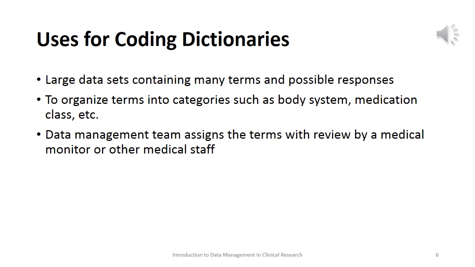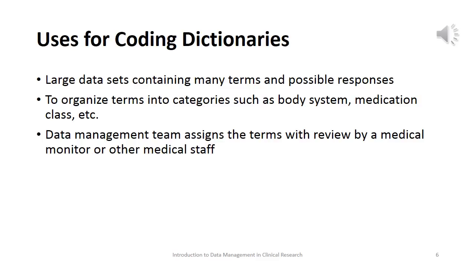So we would use these dictionaries in a couple of different scenarios. First of all, we may have large data sets that contain many terms and possible responses. This would be a way for us to cut down on the number of unique responses and hopefully combine those into similar responses in other places.